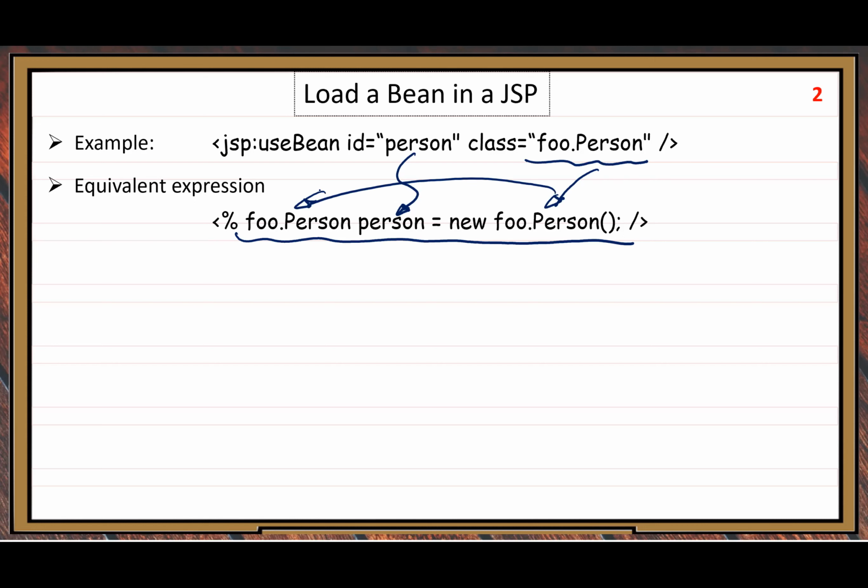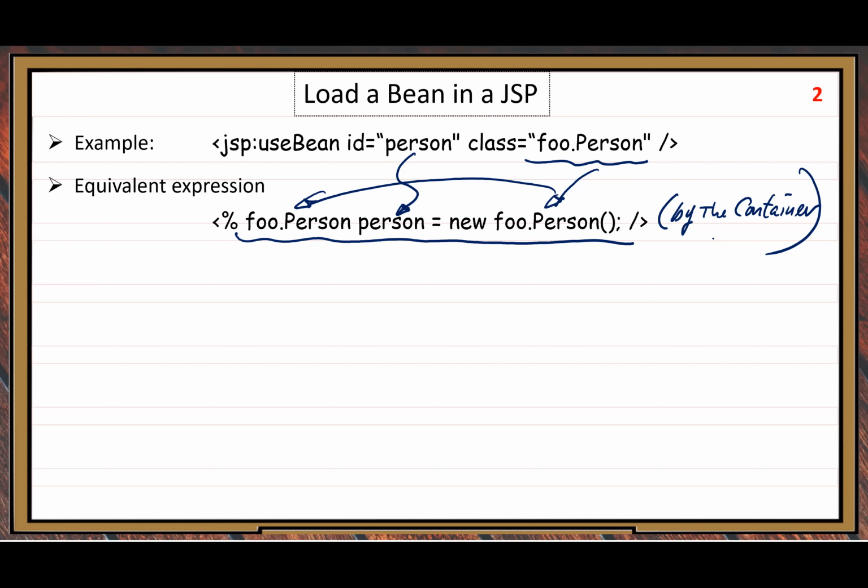But this line is implemented by the container, not by us Java programmers. So we do not need to write this line. Behind the scene, the container does this automatically.